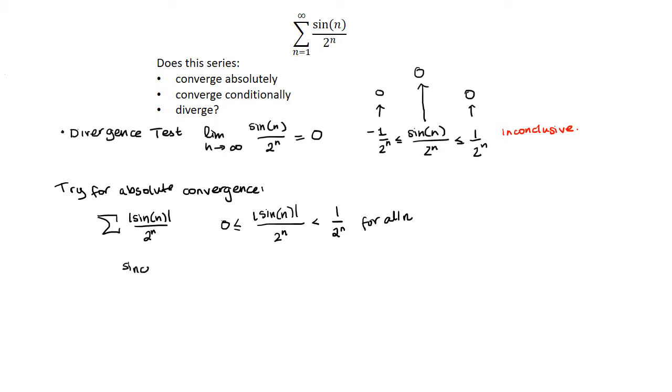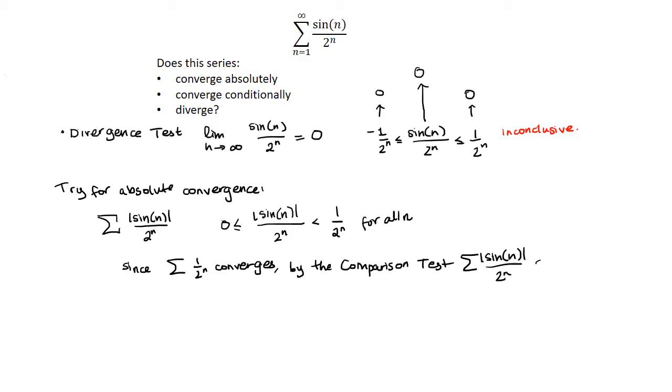Since the series 1 over 2 to the n converges, by the comparison test the series of the absolute value of sine of n over 2 to the n converges too.